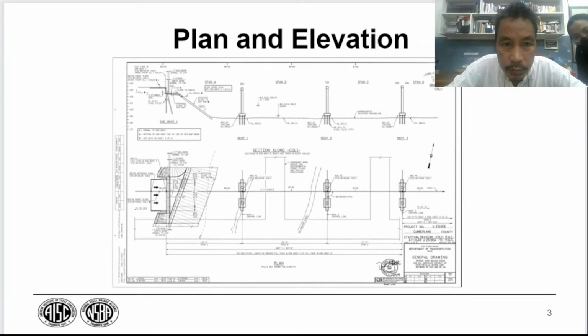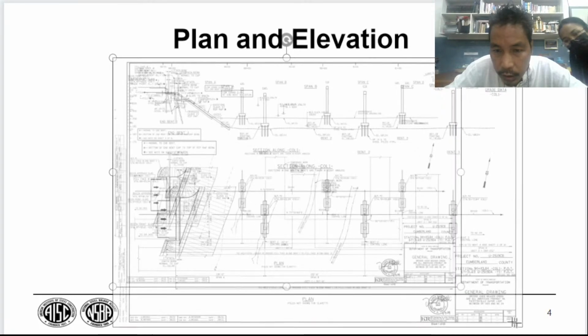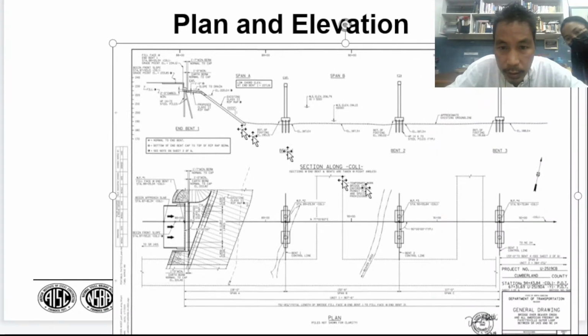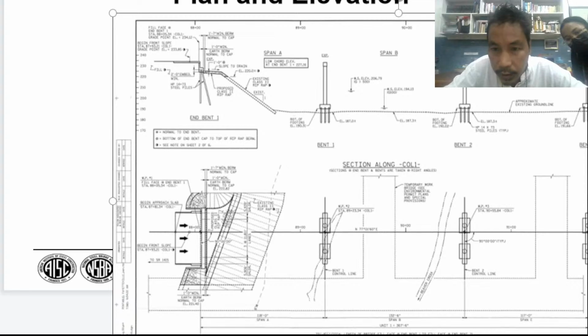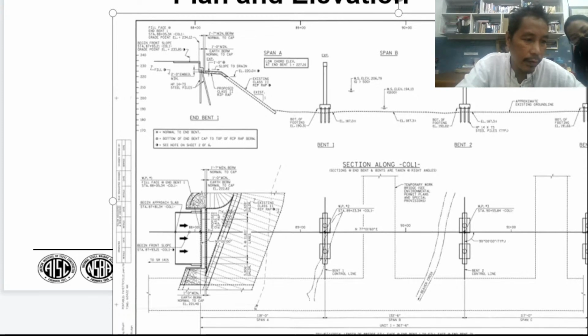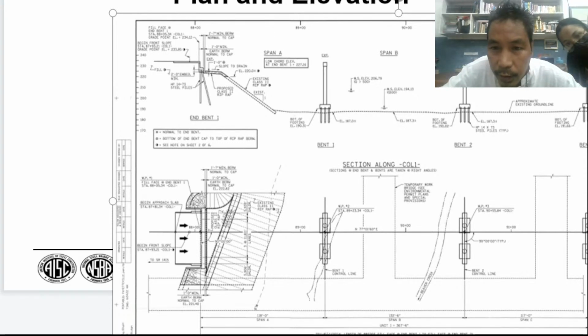Maybe a new slide, a new duplicate slide. Then how to adjust? See, you cannot understand anything. Section, section along column 1.